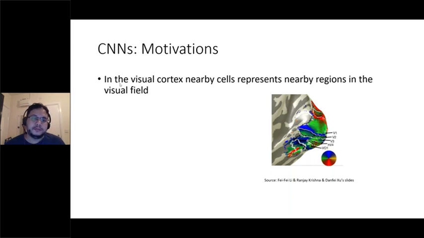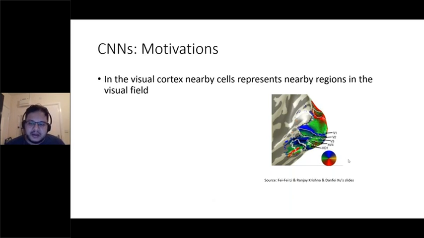If we run a scan to look at how our eye is built and the neurons responsible for building the image, we can see that nearby cells represent nearby regions in the visual field. When an image comes to the eye, there are cells that capture the light. These cells also have a spatial representation. Each cell that is closer to another means that they are focusing on the same or on close points. Does it make sense, guys?